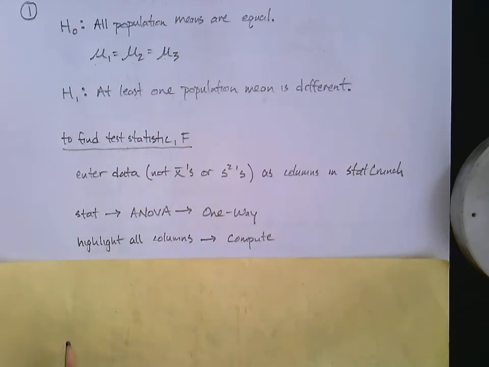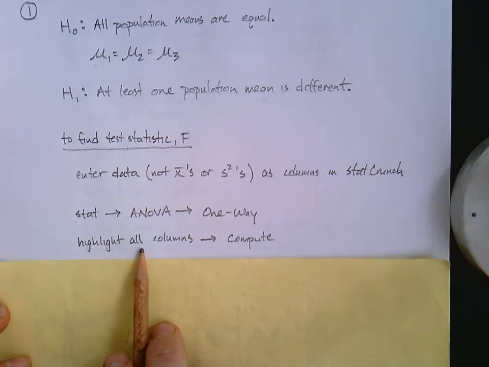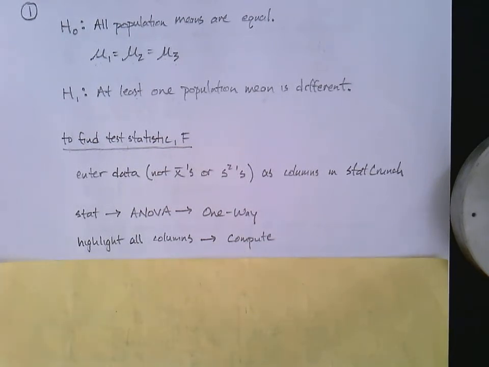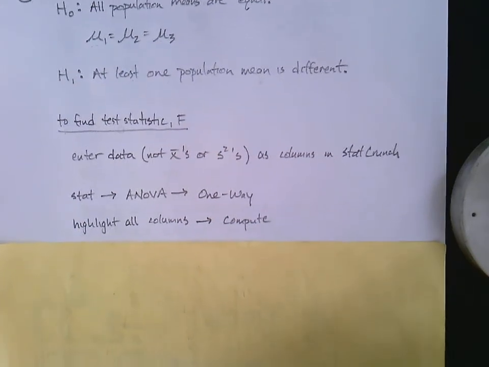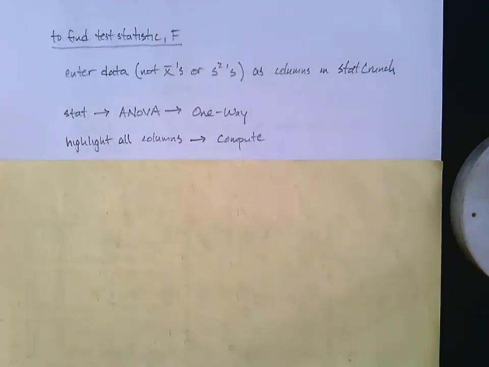Click on One Way, and it'll give you another box, at which point highlight all of the columns that were used for your data. So it's probably the first 3 columns. You have to click all 3 of them so they're all highlighted. That's all you need to do. Then hit Compute.